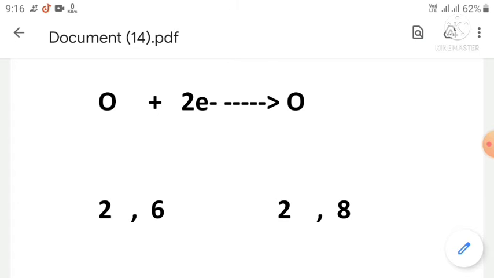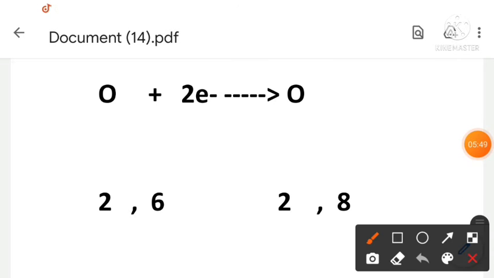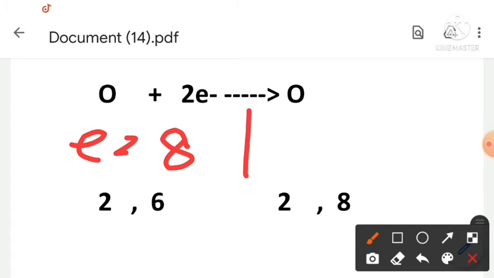Here we know that in oxygen the number of electrons is 8. After gaining 2 electrons it becomes O minus 2.